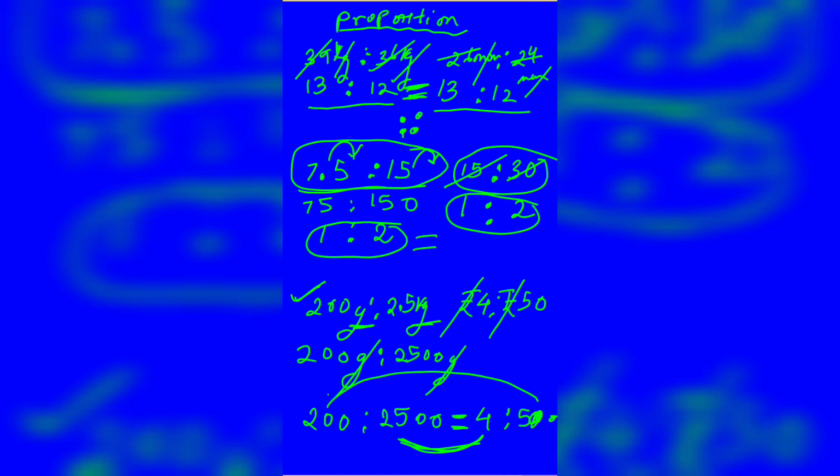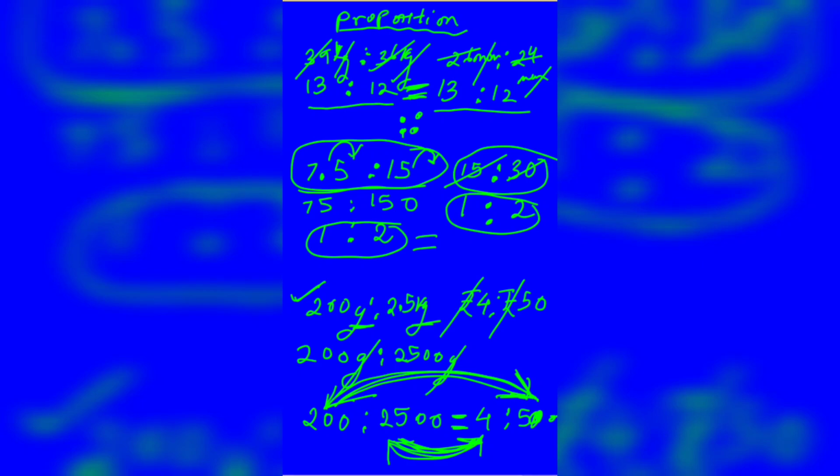What do we call this? Product of extremes. Look at this very carefully. 200 and 50, they are the extremes. So the product of extremes, and this one too, if you multiply, we call the product of means. So if the product of extremes and the product of means come the same, then they are in proportion.